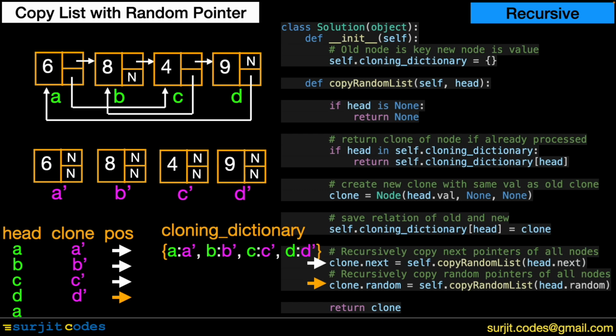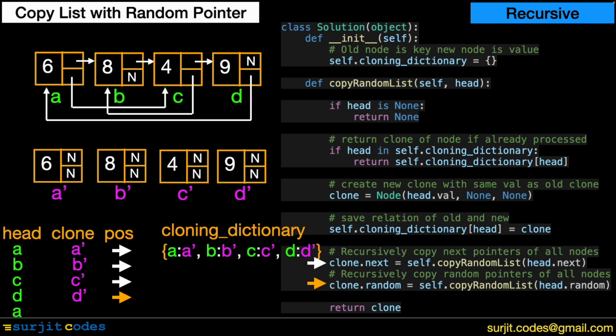D random in the original list is A, so A becomes the head in the new recursive call made from orange position. As A is not none, the first if statement is skipped. However, A is present in the dictionary. It means that A was cloned already.